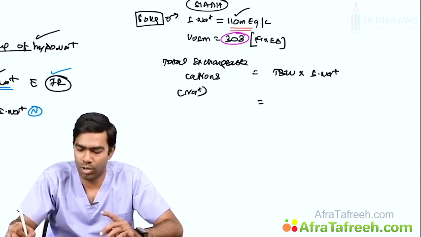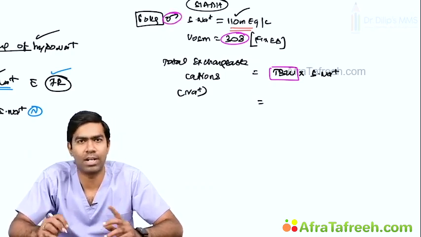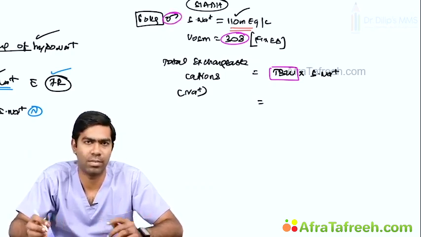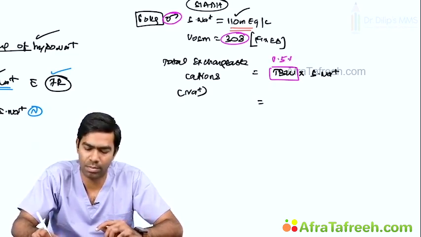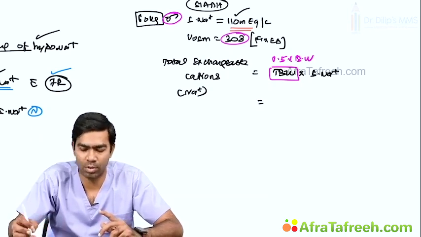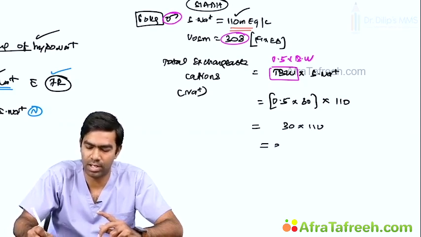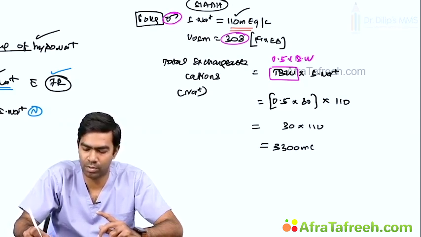Here you know the total body water. Let us assume an elderly man. In an elderly man it is 0.5 multiplied by body weight. So 0.5 multiplied by body weight will be the total body water and serum sodium is 110. So I can write 0.5 multiplied by 60 multiplied by 110. It is 30 multiplied by 110. It is 3300 milliequivalents of sodium.